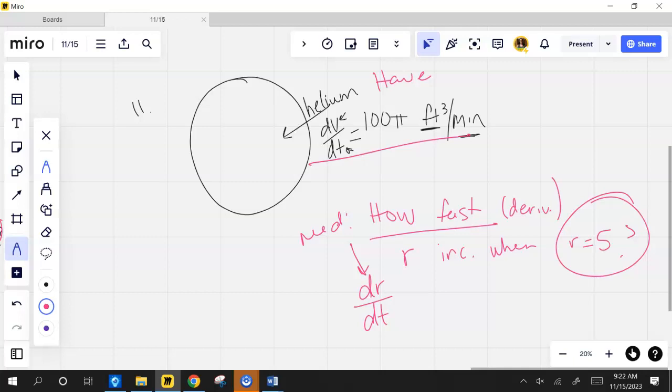What's the volume of a sphere? I feel like it's 4/3 pi r cubed. They would definitely give you this because I always forget them. Four-thirds pi r cubed.